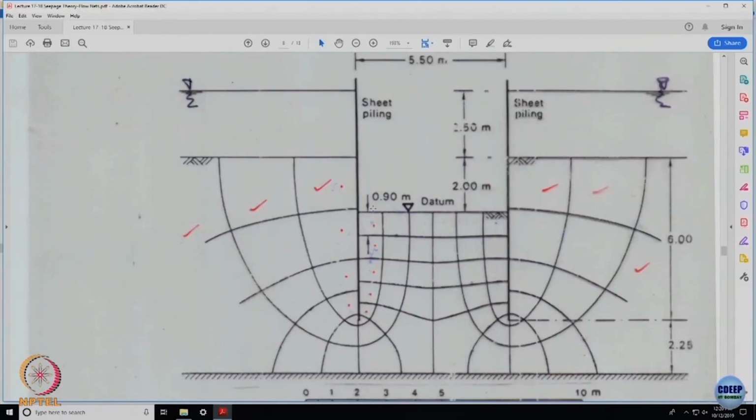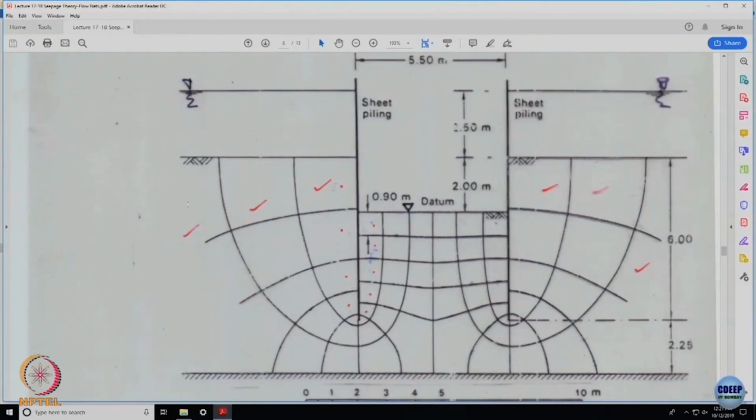Is this part clear? How many flow lines are there? This is the first flow channel, this is the second flow channel, this is the third flow channel, and so on. There would be a flow channel which will be grazing through the horizontal plane at infinite distance on both sides. So, this is NF number 1, NF number 2, NF number 3, but truly this is not 3, this is 3 point something. Clear?